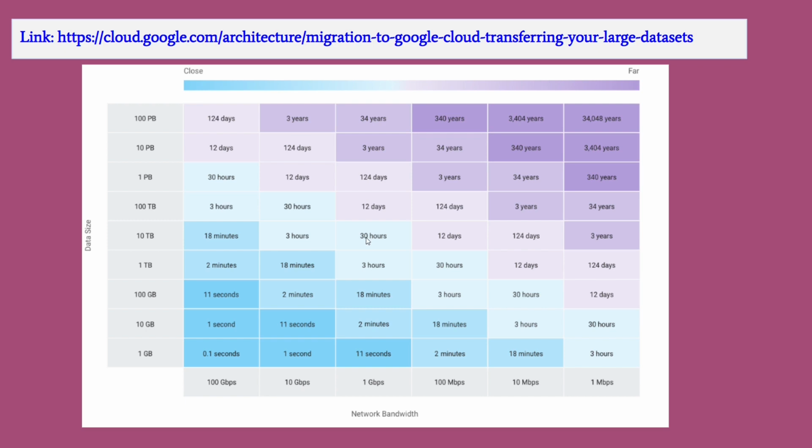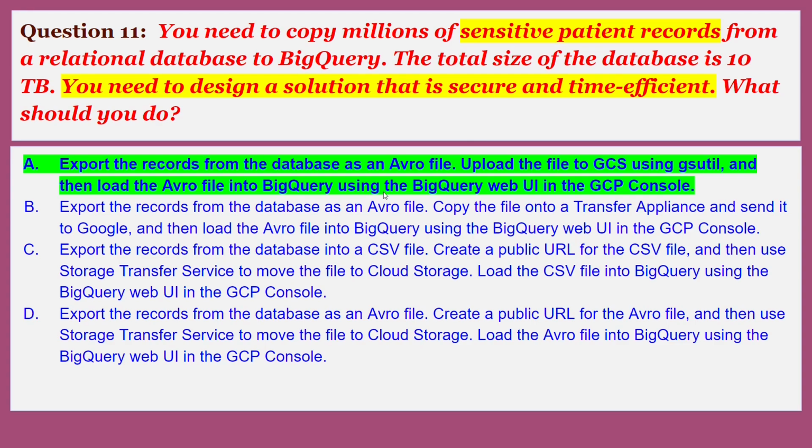Considering this table, we can easily do the transfer within 30 hours. Whereas if we use the transfer appliance, we need to send the data to Google, and then Google needs to upload the files into the cloud, so it's going to be time consuming. But the question is mainly about the time-effective option.